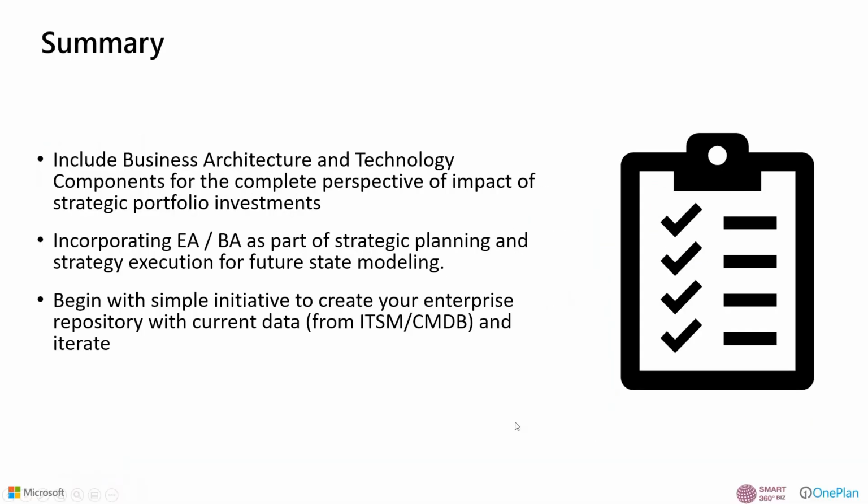So I hope everyone was able to see the value of having these different perspectives connected. As a recommendation, you should be including business architecture and technology components for having the complete perspective of your strategic portfolio. There's a couple of ways of doing it, but one easy way is to start planning your strategy based on changes to your capabilities.